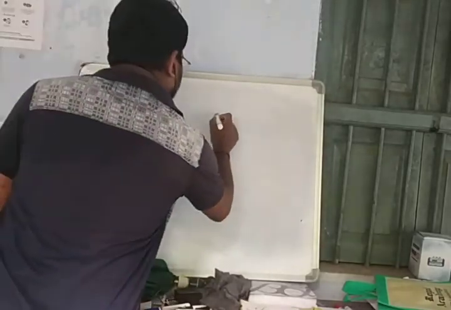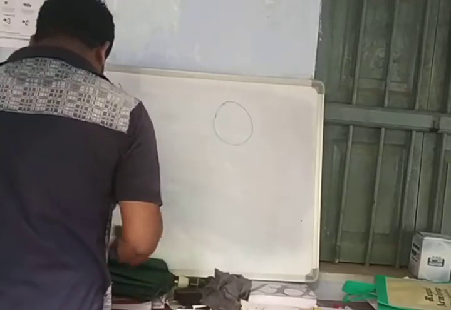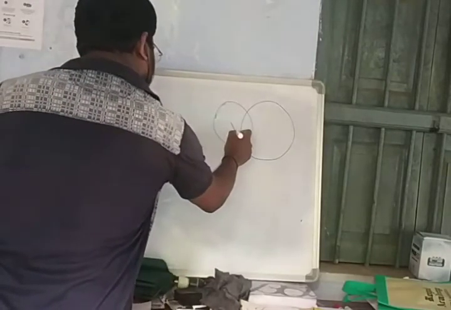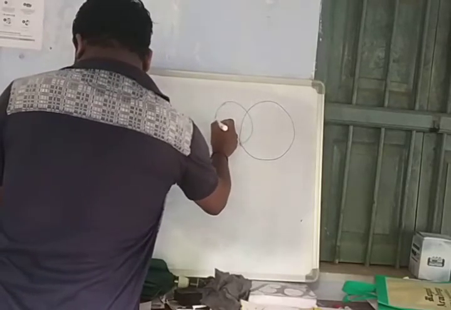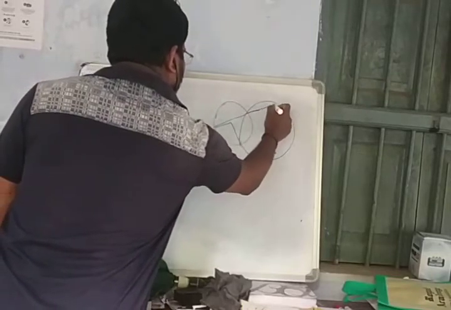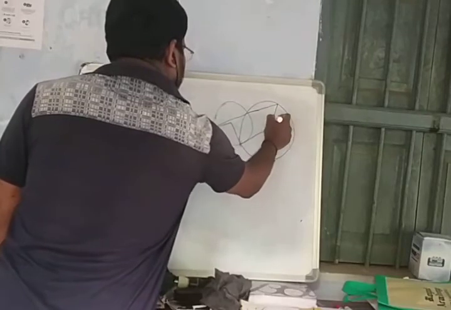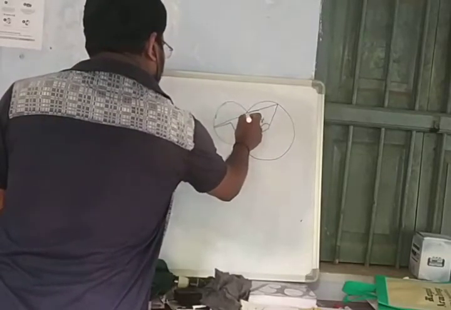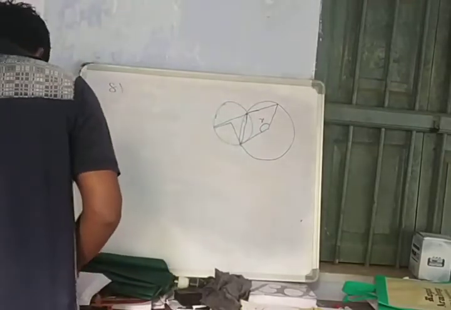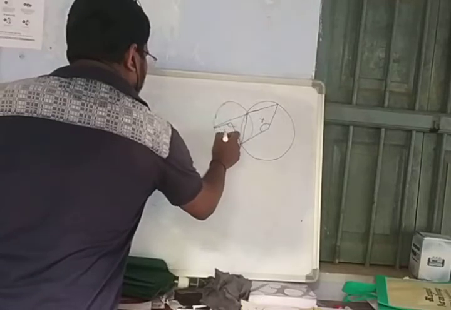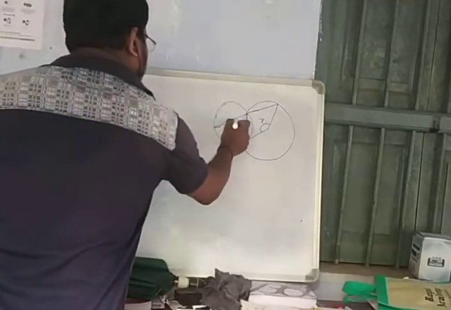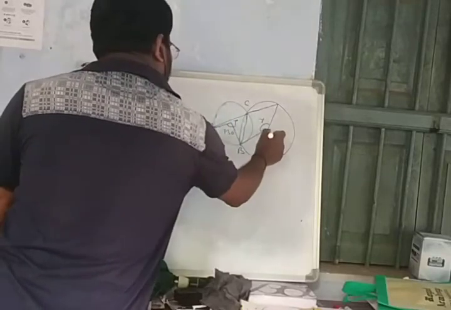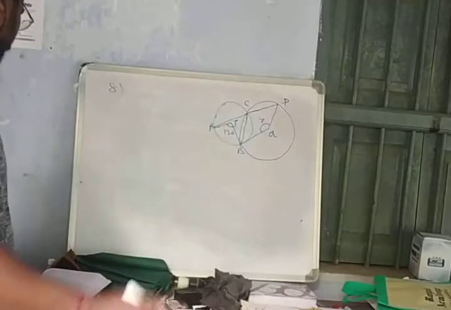Draw the figure. This is the center. This is P, A, B, C, Q, P. Okay, all of you see the figure.